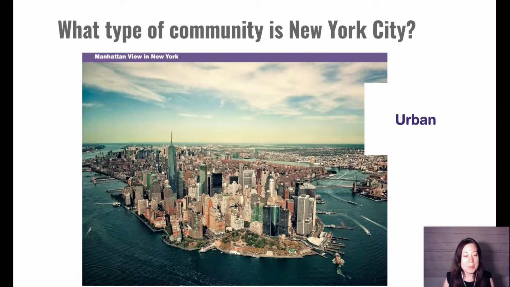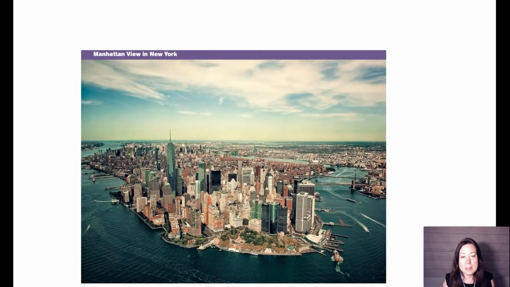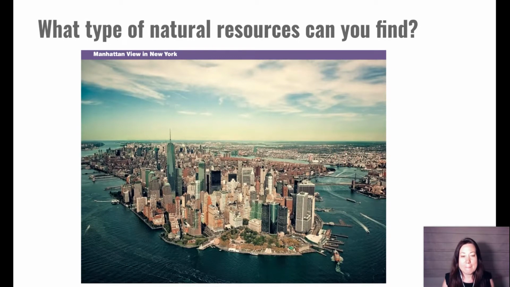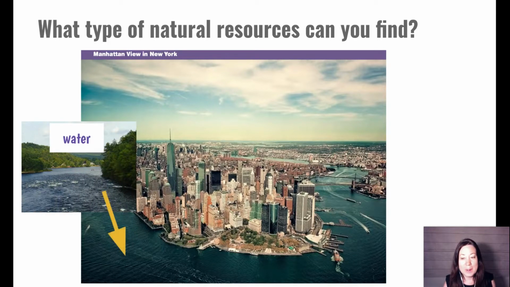So remember, we're looking at natural resources. So let's think about some natural resources that we might see here. Let's see. Look closely. I see water. Water is everywhere. New York City, Manhattan is an island.